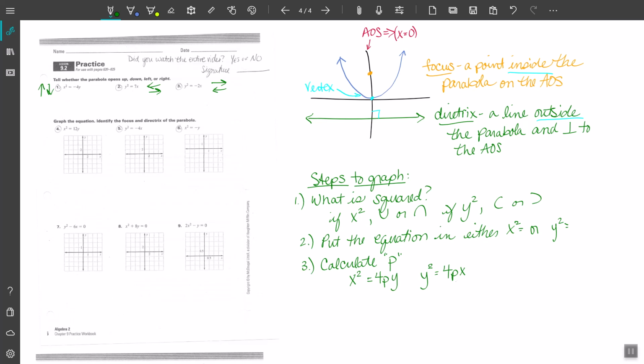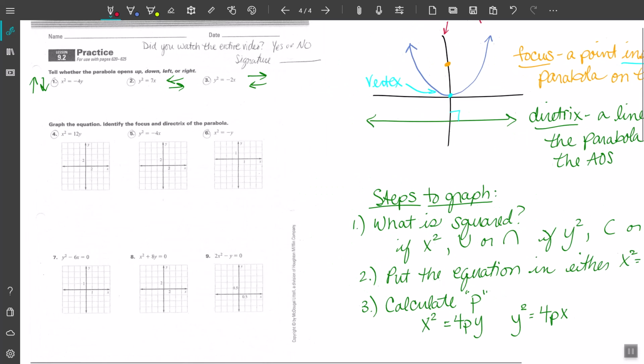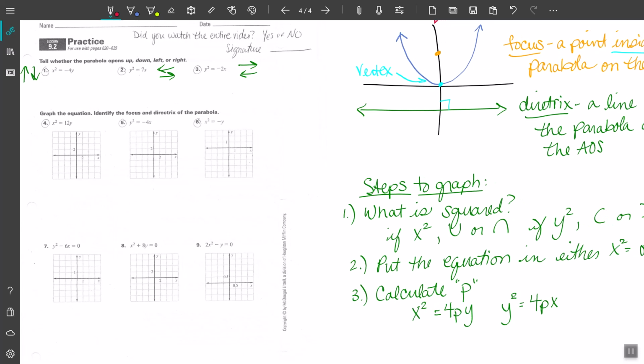All right, so in number 1 up here, we're going to need to use this first standard form in order to calculate p. Let me expand this a little bit, and I'm going to take the standard form for the x squared down here and write it underneath our problem up here, just so you can see what the 4p is going to be equal to.